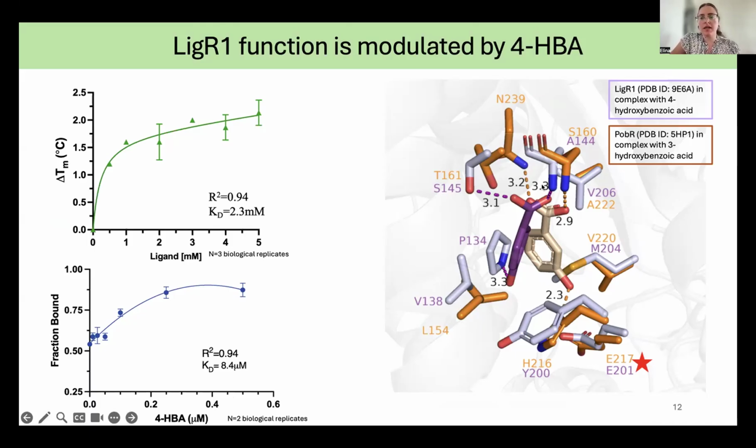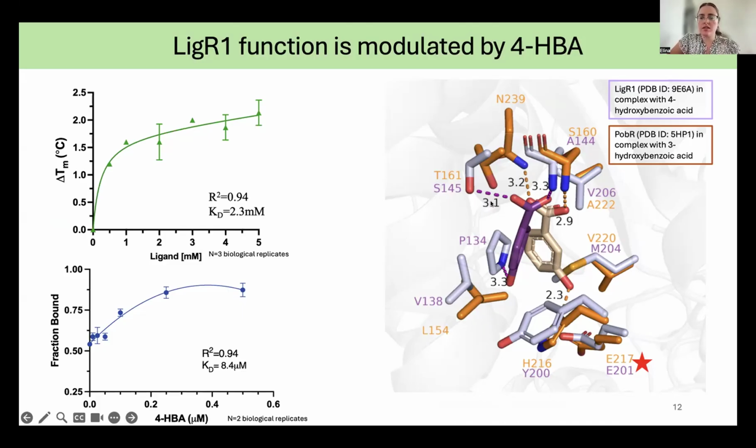Now, when we look at the binding site of LIGAR1 with POBR from Acinetobacter, which in this case is crystallized with 3-hydroxybenzoic acid, here we had docked 4-HBA. We modeled it in using the LigandFit program in Phoenix Suites that was used to identify the crystal structure.